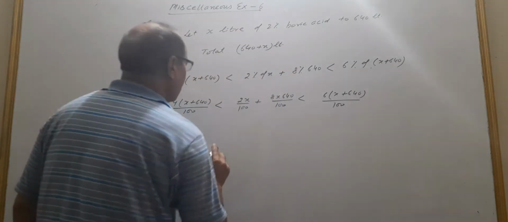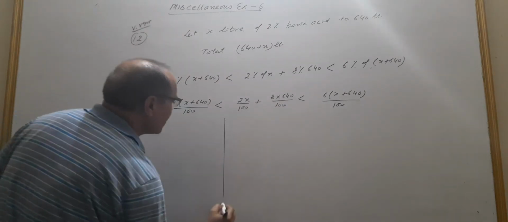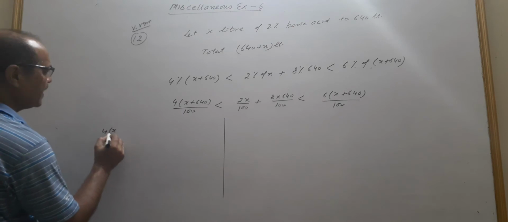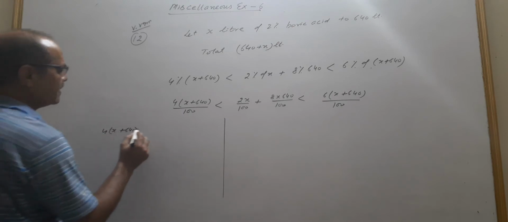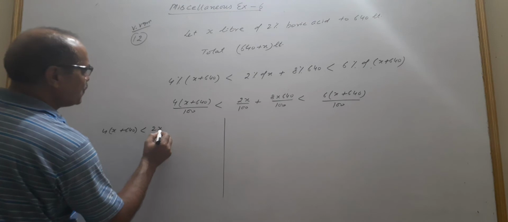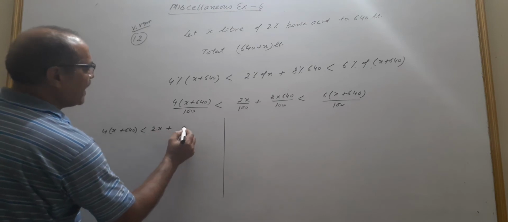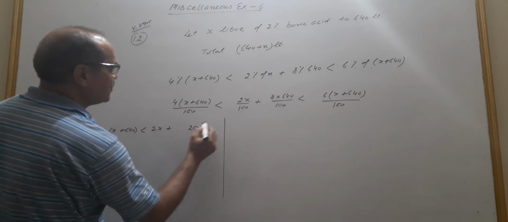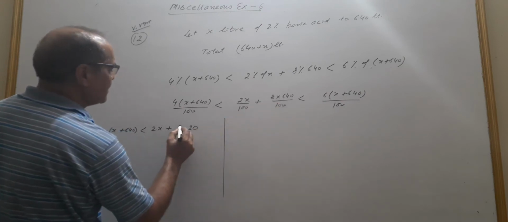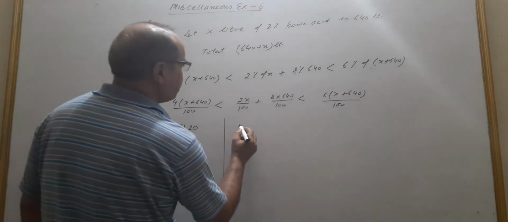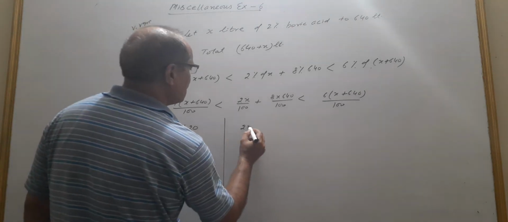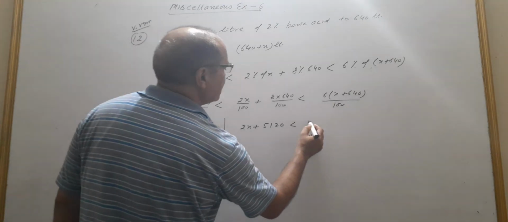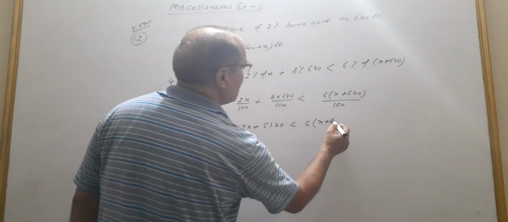To solve the inequality, we have two cases here, and 100 and 100 cancel. The first becomes 4 times x plus 640 is less than 2x plus 8 times 640. And the second is 2x plus 8 times 640 is less than 6 times x plus 640.